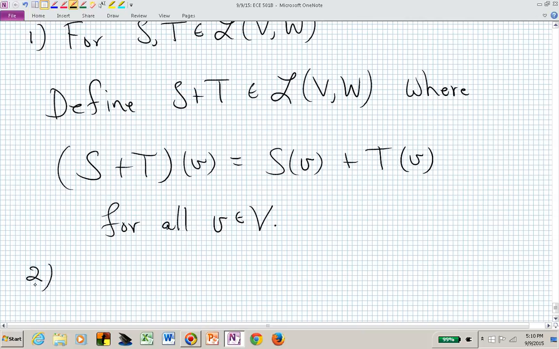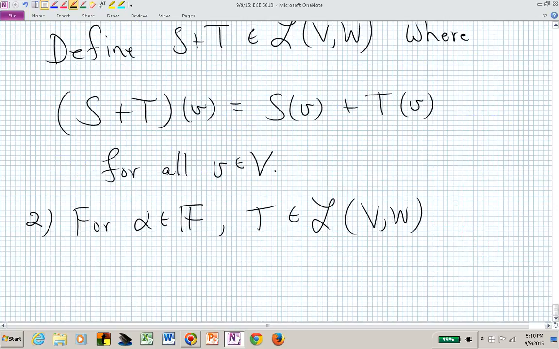We also can select an arbitrary scalar alpha in our field of numbers and some arbitrary map T from our set of linear maps between V and W. Now alpha T, just scaling the linear map, isn't going to remove it from our set of linear maps.